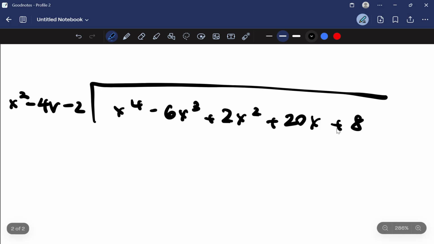Okay, I'm not sure if this is going to give me the right answer. No, it will. It will, because this is a solution to this, which means it must divide it evenly.